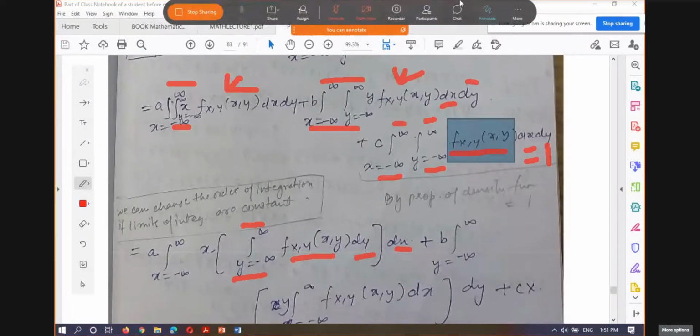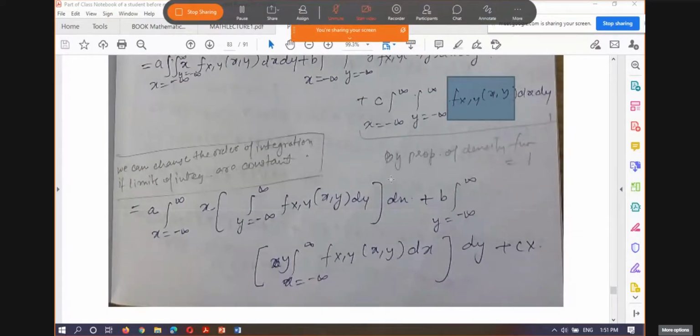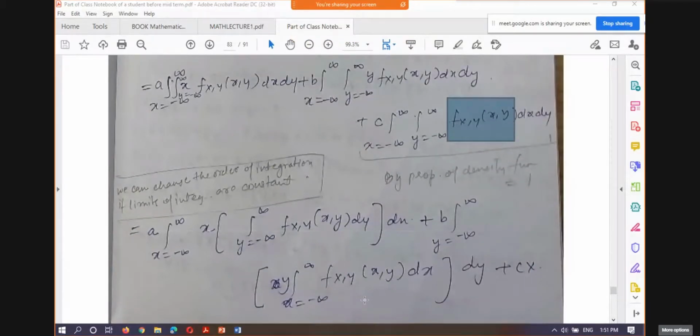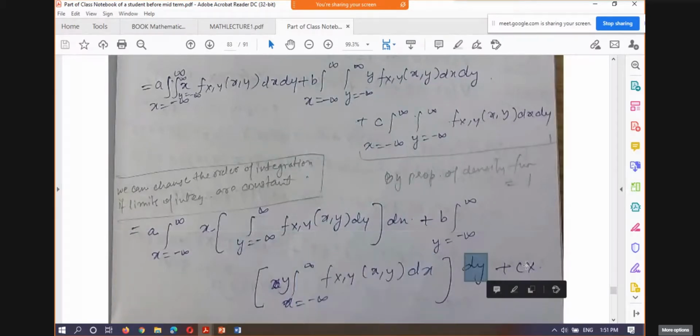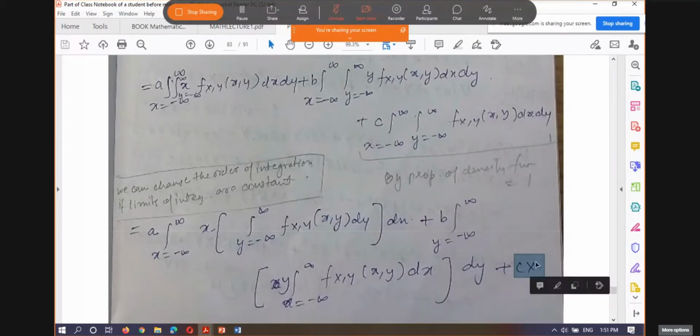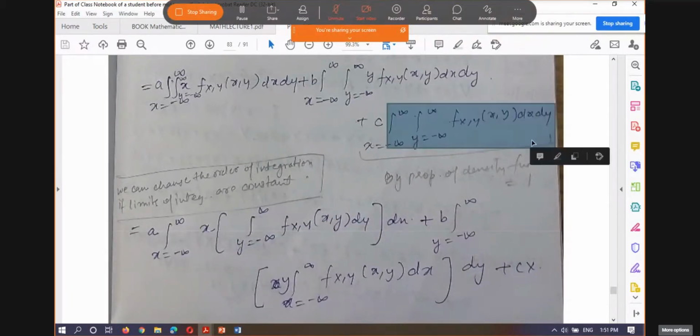In the second part, I will write like this: y goes from minus infinity to plus infinity, f of x, y dx, and once this is evaluated, I integrate with respect to y. And here I have written c into 1. This is c multiplied by 1 because this is 1 from the property of the joint density function.